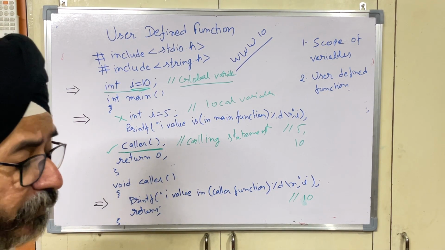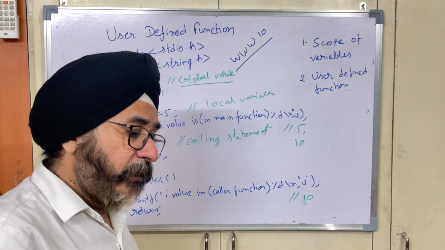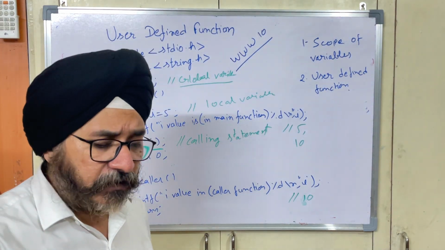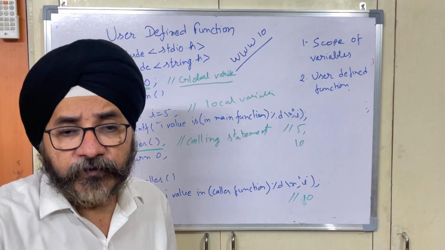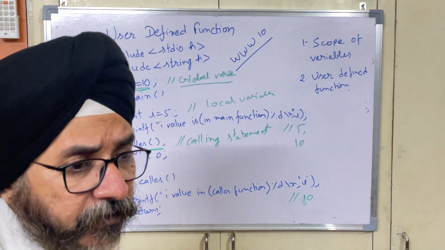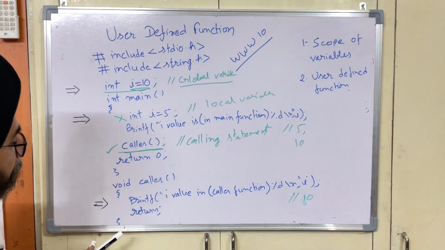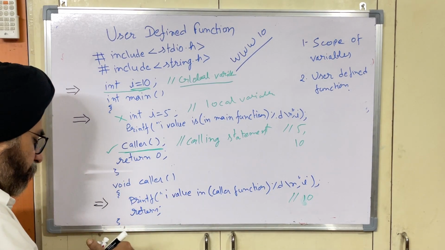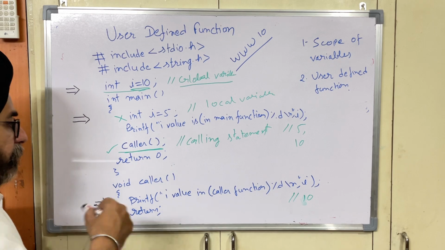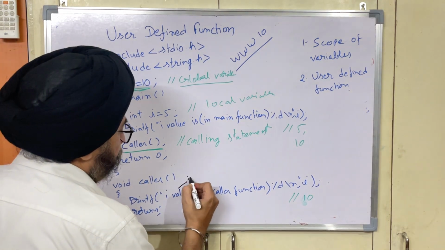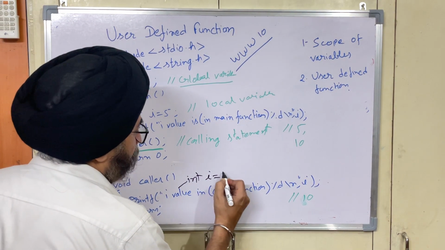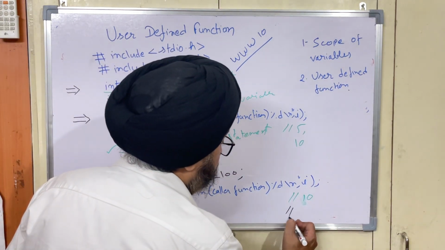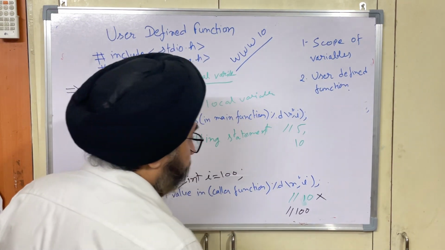So sometimes if we need a variable globally defined, so it works for all the functions, we can take the help of putting it outside the main function. And if we use it inside here, suppose here I also use int i = 100, then it will display 100, not 10.